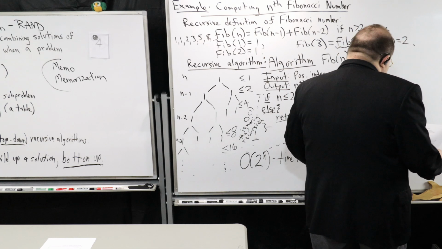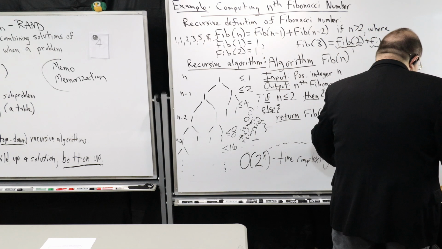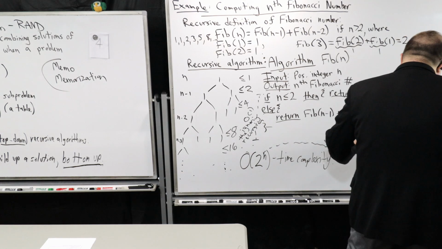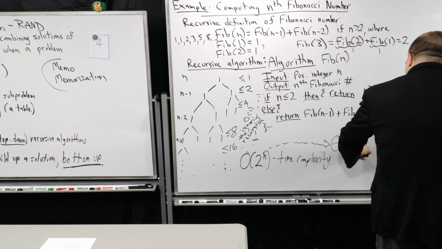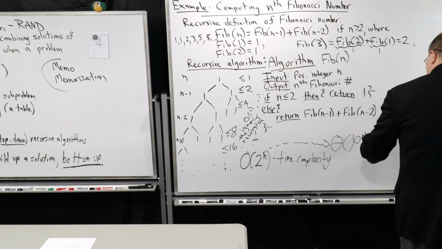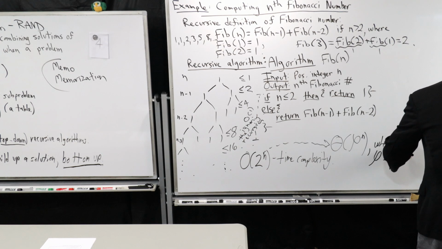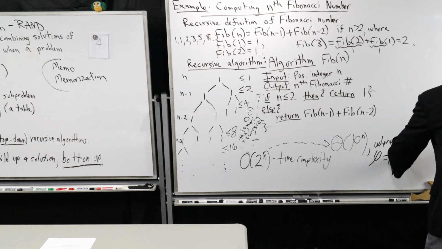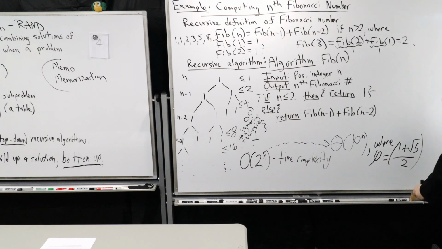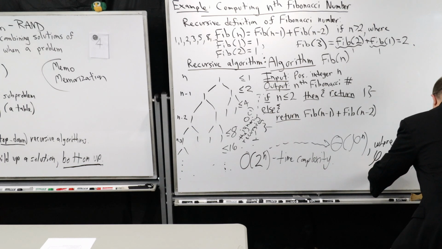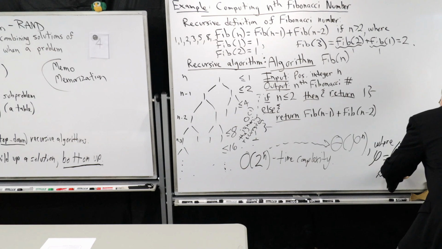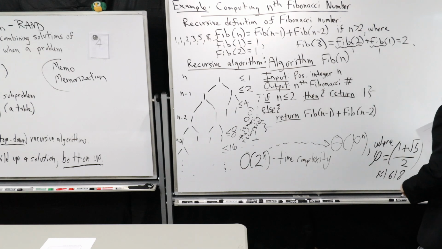If you were to be tighter with your analysis, you'll end up with big theta of the golden ratio to the power of n, where the golden ratio is 1 plus the square root of 5, over 2. If you're not sure what that is offhand, it's something like 1.618.